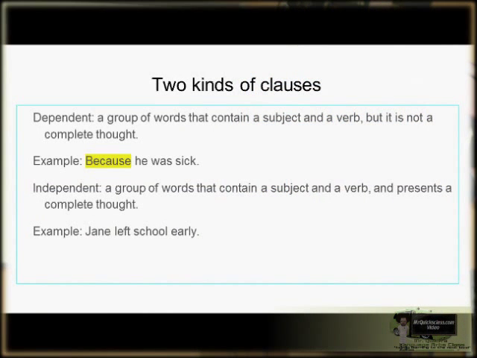Here are the 2 types of clauses. A clause is a group of organized words that has a subject-verb relationship. The 2 kinds of clauses are dependent and independent clauses. The independent clause is a group of organized words that has a subject-verb relationship and can express a complete thought.